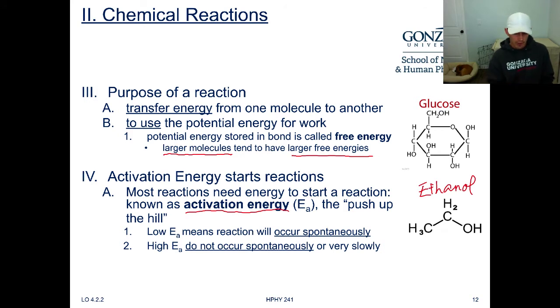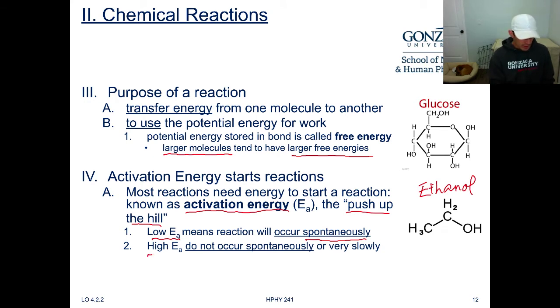And the book uses an example of what it calls the push up the hill, and that's a really good example as well. You can imagine that if a little bit of energy is required to start a reaction, then it can come in a range. So a low E of A means that there's a small input of energy that's needed to begin this reaction, and that increases the likelihood that this reaction will occur more often or more easily, aka its chances for occurring spontaneously.